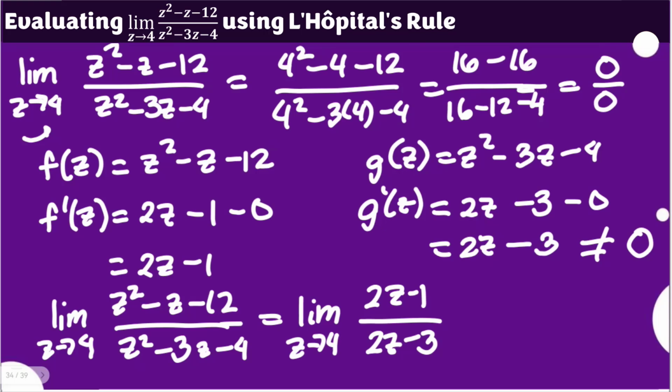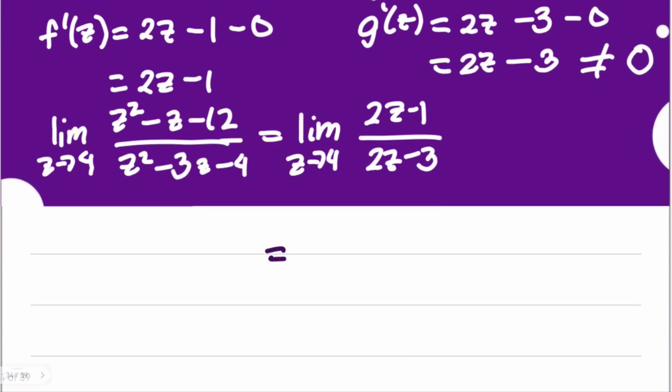Okay, so this is now the next process. We just need to finalize our answer here, because we know that as z approaches 4, this will no longer be 0 over 0. So let's automatically substitute.